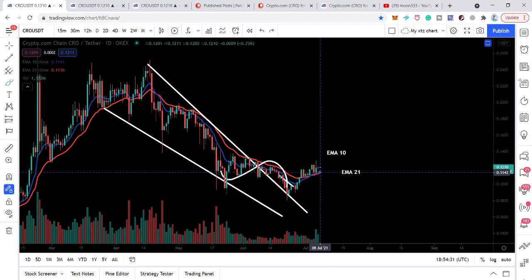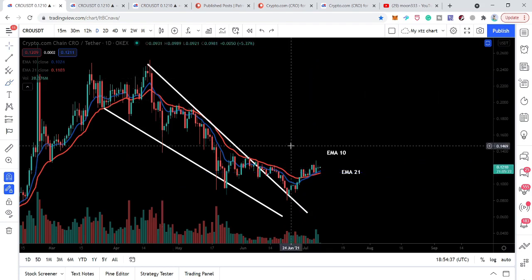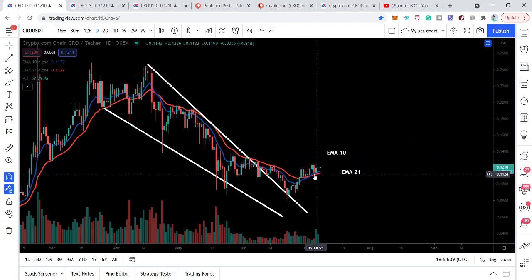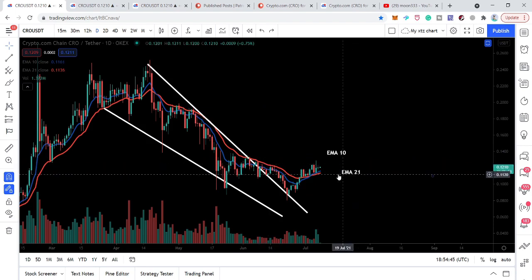At the same time, the price line has also broken out of the exponential moving averages with time periods of 10 and 21. This EMA 10 is the blue line and the red line is the EMA 21. You can also observe that the EMA 10 has crossed up the EMA 21.